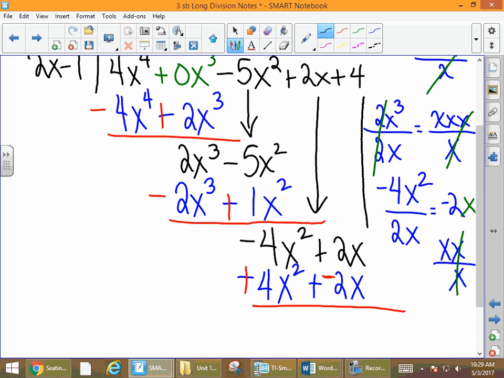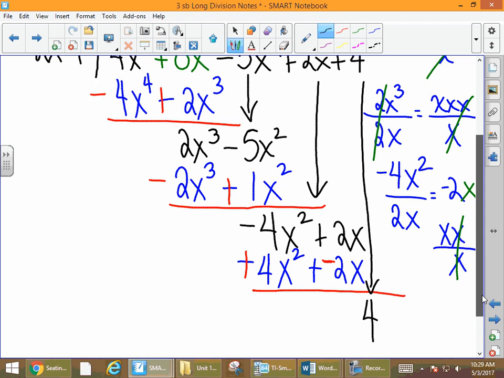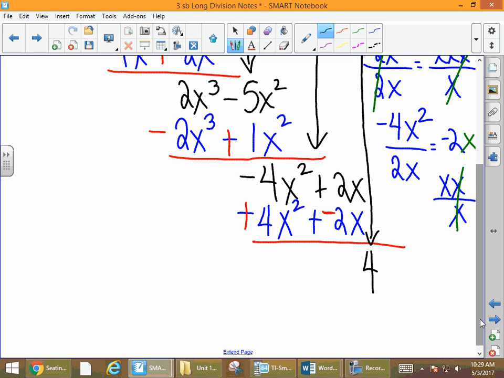Don't forget, we still have a 4. Can we divide 4 by 2x? No, one's got a variable and one doesn't. This 4 ends up to be our remainder. If you did write down the 0, it would be 0 plus 4, and 0 plus 4 is still 4.